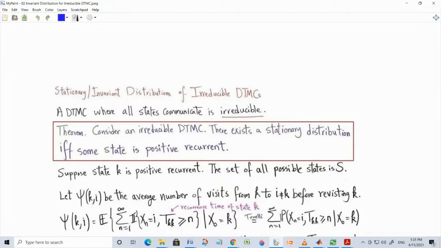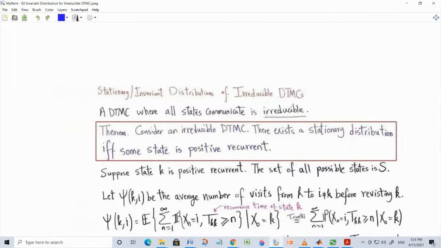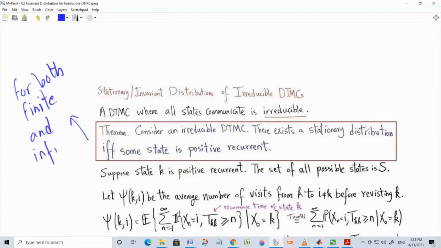But we cannot say that about infinite discrete time Markov chains. Now, this theorem doesn't care. This theorem is for both finite and infinite state spaces.